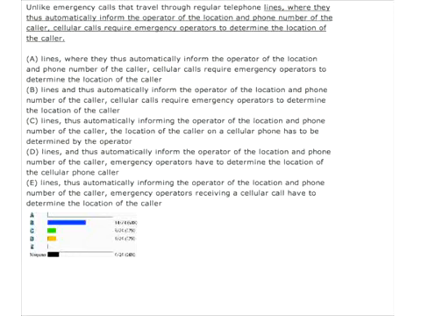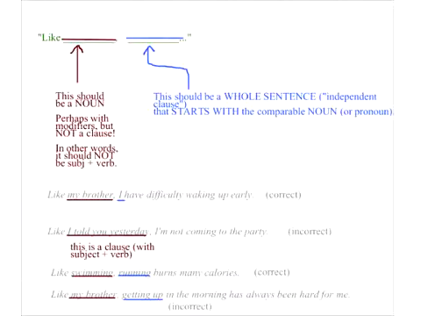Unlike emergency calls that do this, so unlike emergency calls, remember that when you have this kind of structure, you can have modifiers after that. In some cases, lots and lots of modifiers, as long as it's a noun with a bunch of modifiers.